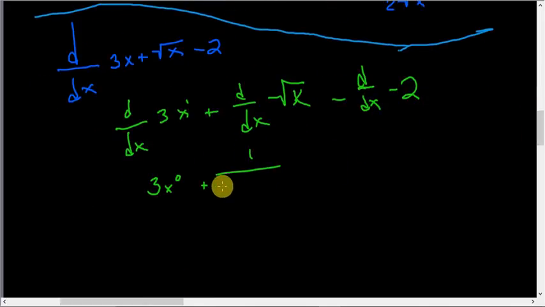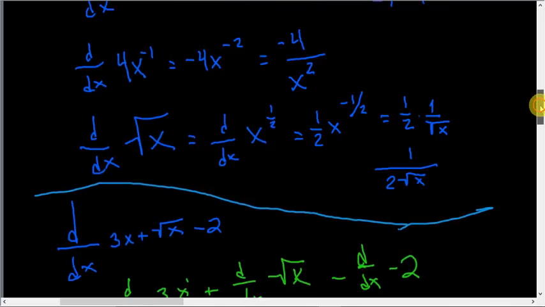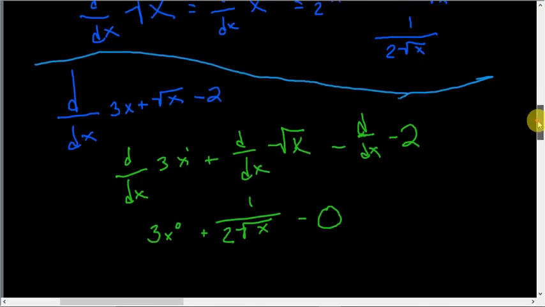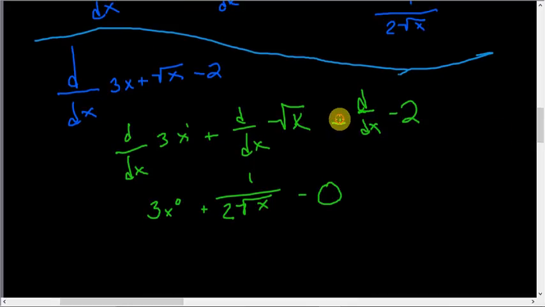1 over 2 square roots of x, keeping all the derivatives gathered here, and then minus the derivative of a constant, like I said, is 0, so minus 0. Actually, I should do it like this, plus negative 2, since I already have the negative here.